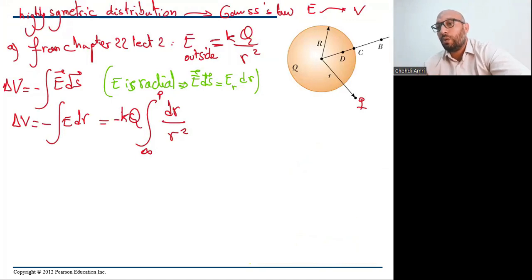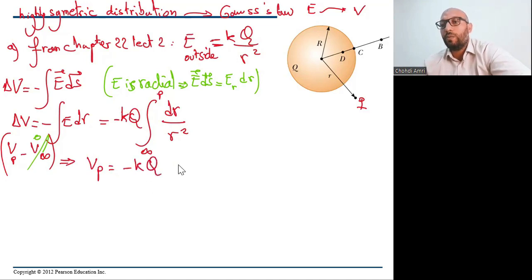Because V of infinity equals 0. Okay? So we write delta V equal V at the point P minus V at infinity. V of infinity, the electric potential at infinity, is 0. So here we will calculate only the electric potential at the point P. So that means V at the point P equal minus kQ, the integral of dr over r squared from infinity to the point P, that means to the coordinate r.